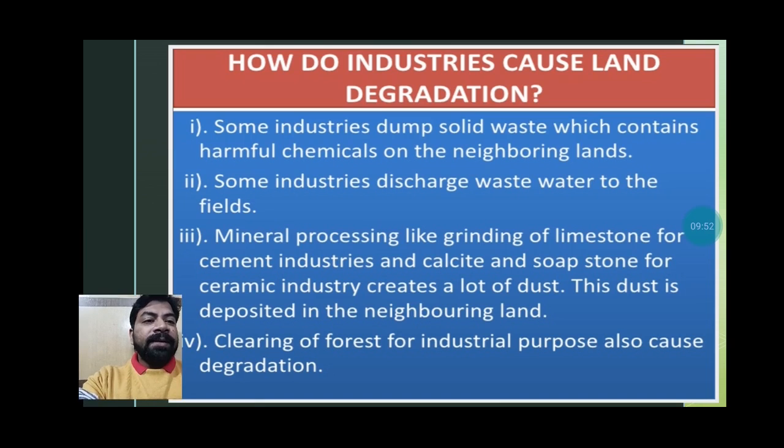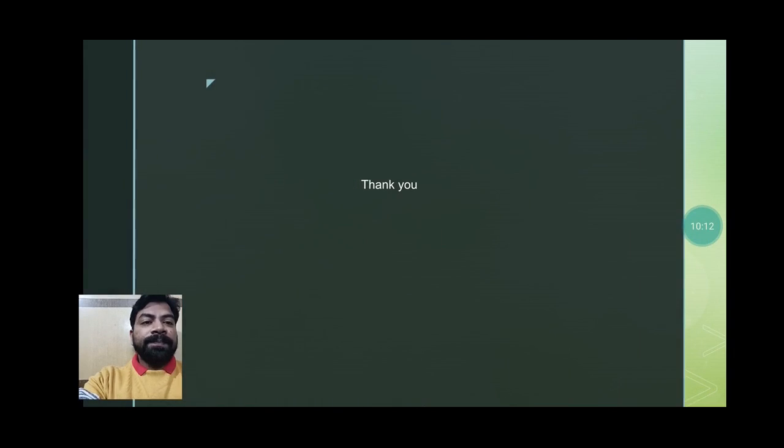Mineral processing like grinding of limestone for the cement industry, just like we have read previously. So these are the reasons behind land degradation. Industrial development will also lead to the depletion of the land. Clearing of forest for industrial purpose is also a cause of land degradation.